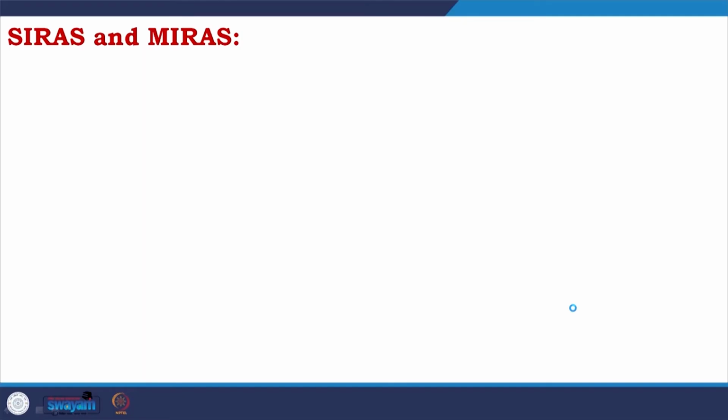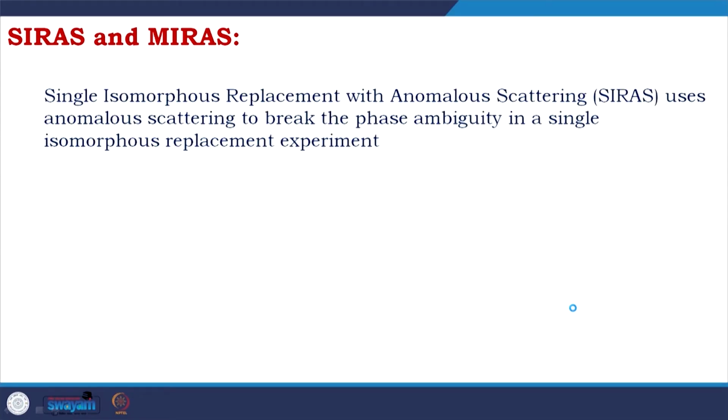Now, by utilizing this, I will just introduce another terms, SIRAS and MIRAS. SIRAS is single isomorphous replacement with anomalous scattering. It uses anomalous scattering to break the phase ambiguity in a single isomorphous replacement experiment. You could consider it a hybrid of both isomorphous replacement and anomalous dispersion.